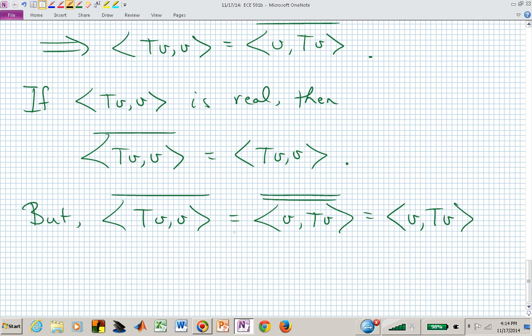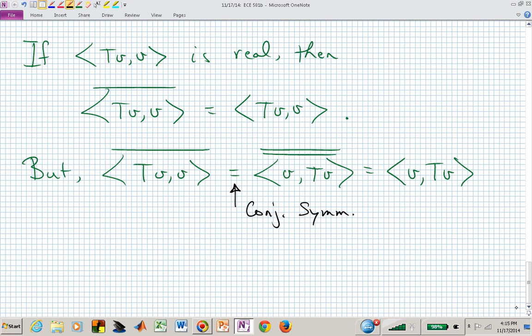This, again, is simply using the conjugate symmetry property of the inner product. And now we have what we wanted.